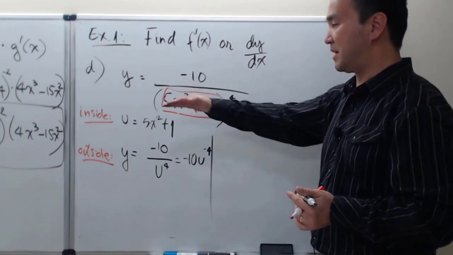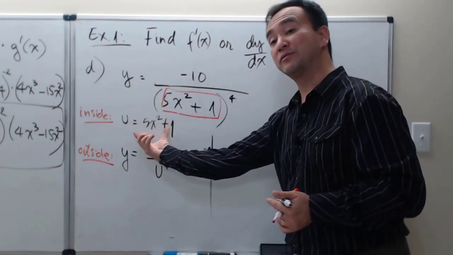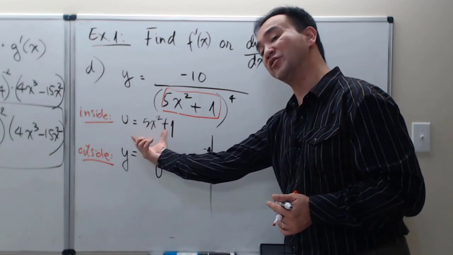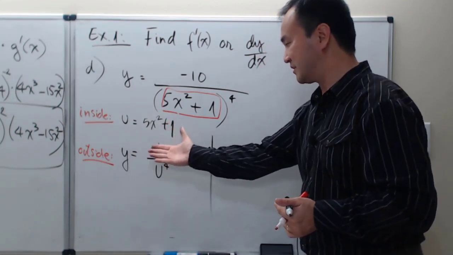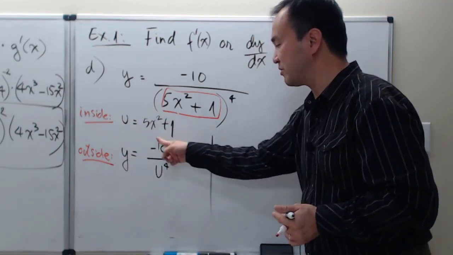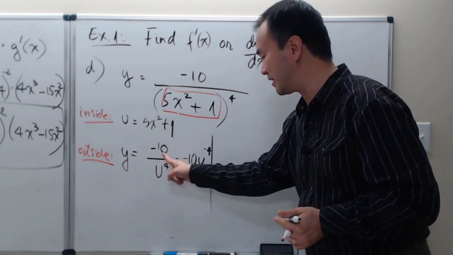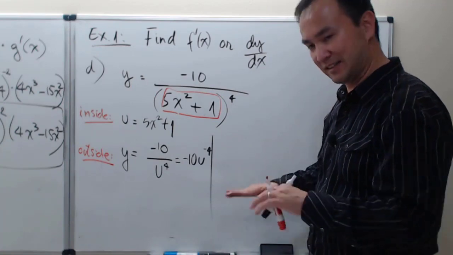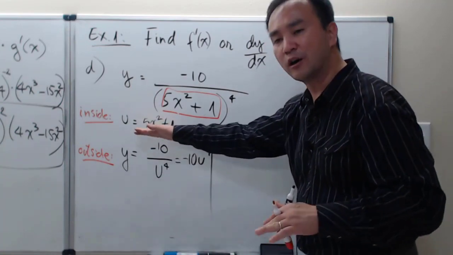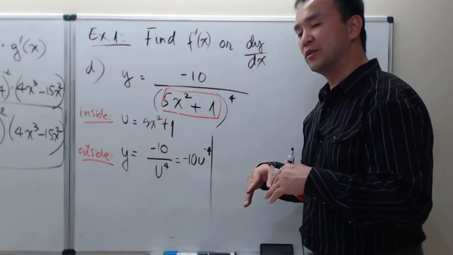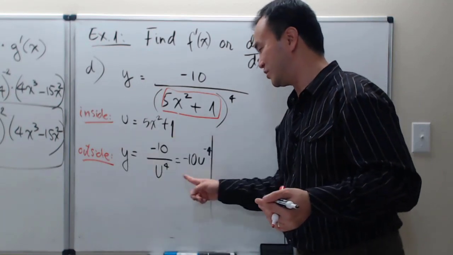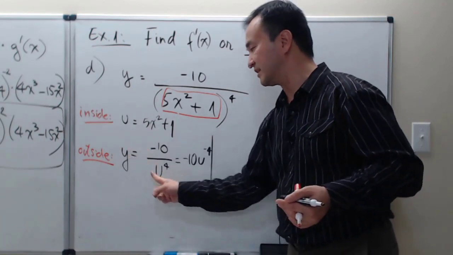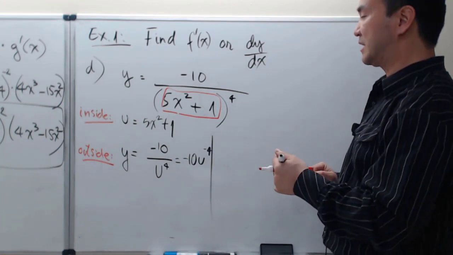Okay, so that's my inside as being a choice, a decision. And once we chose that and substituted it away, the entire expression became whatever. Just make sure that there is no extra variable x still left behind right here. That's all it needs. As long as the x variable is washed away, then we're safe to regard this as the outside expression.